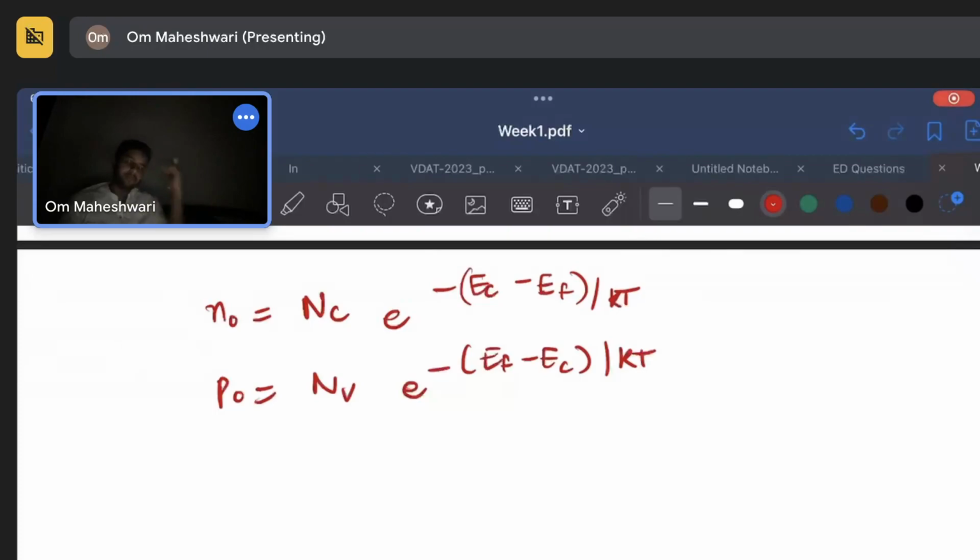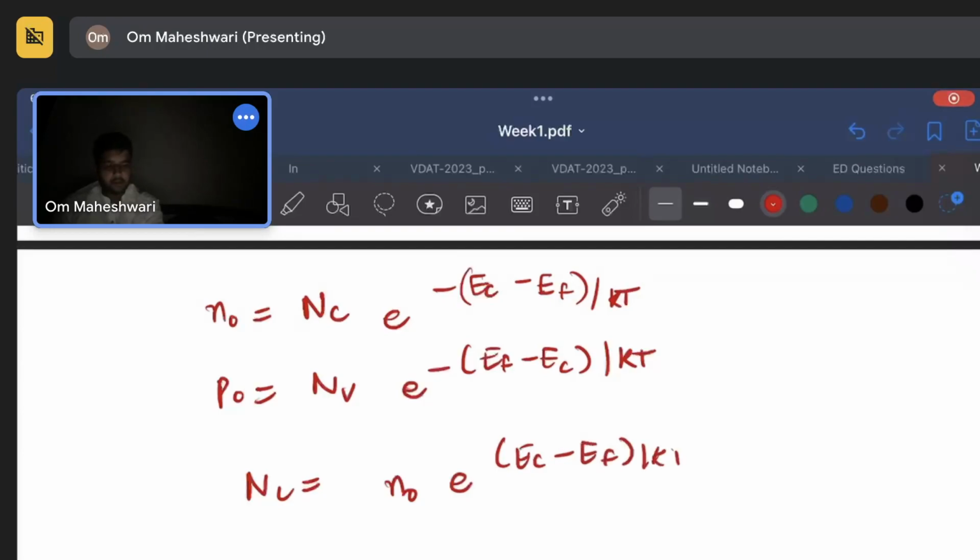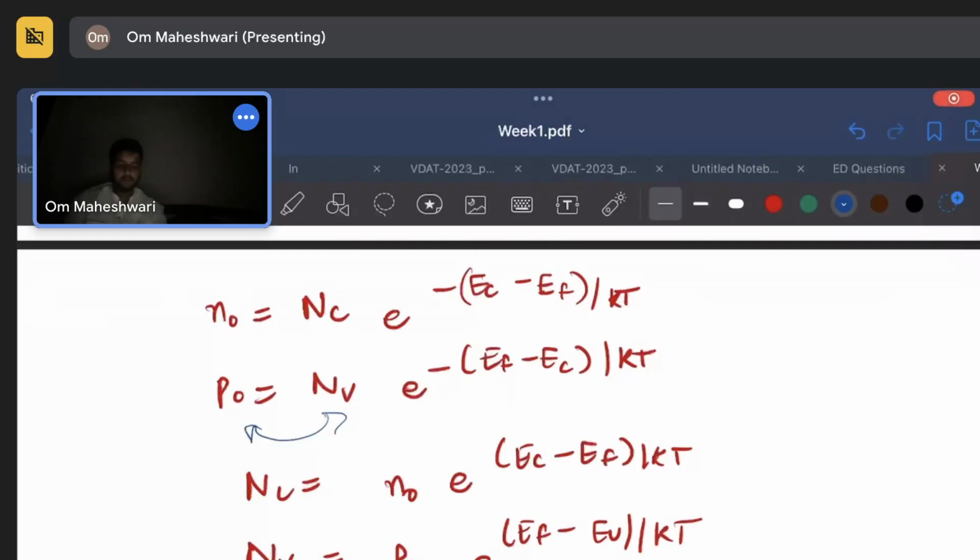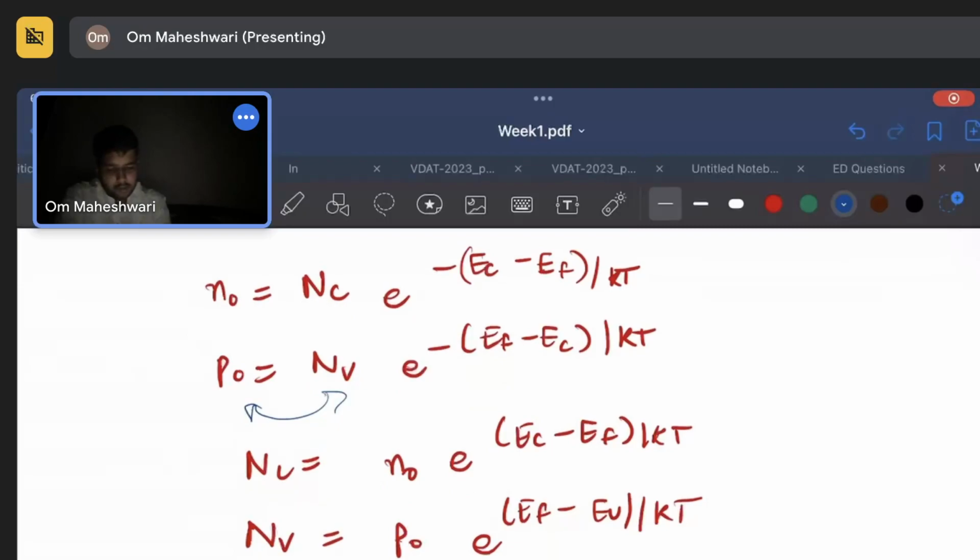From here we can write Nc equals n0 times e to the power (Ec minus Ef) by kT, and Nv equals p0 times e to the power (Ef minus Ev) by kT. I have just rearranged here and here. Now if I put this Nc and Nv in these, I would get something like this.